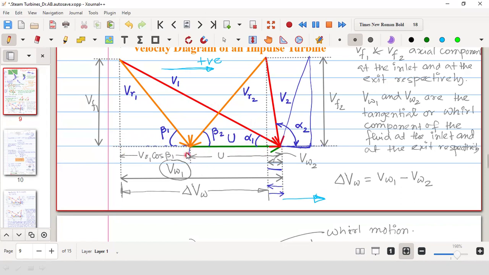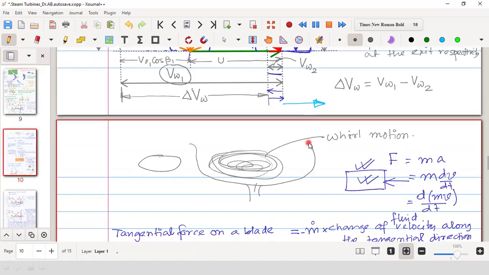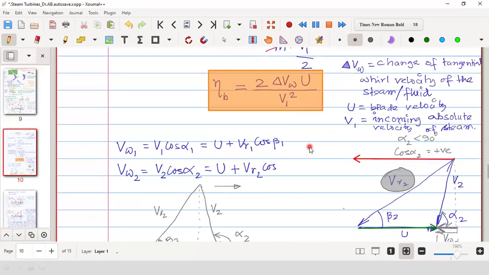So I repeat, the tangential component of the relative velocity is equal to the tangential component of the absolute velocity at the inlet minus the blade velocity, because the blade is only moving in the tangential direction.